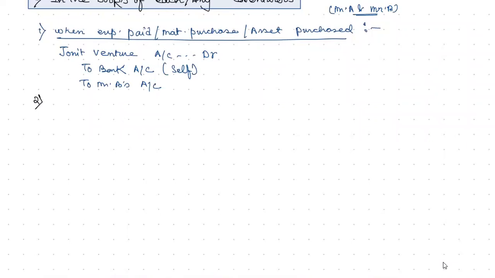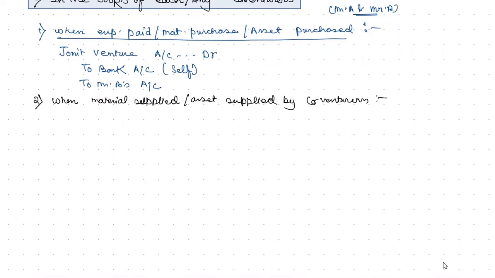Everything remains the same. When material is supplied, or any asset is supplied, or a player is supplied by the co-venturers, then what has to be done? They have supplied it, correct? So will it affect their cash?